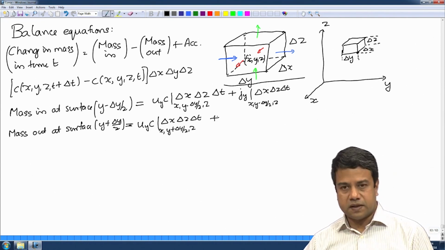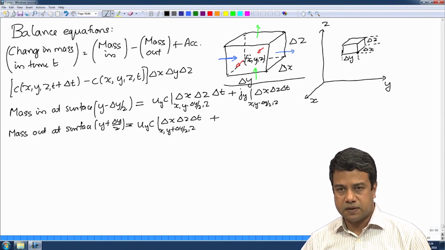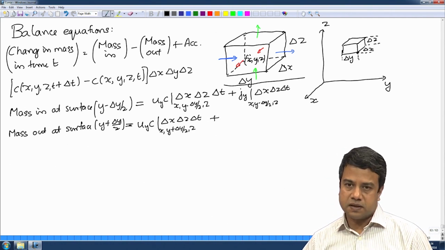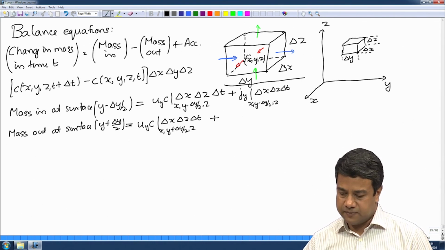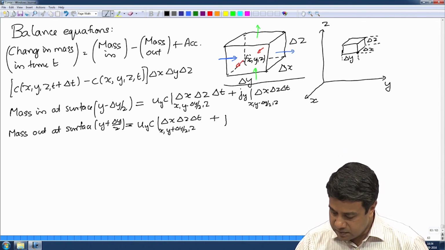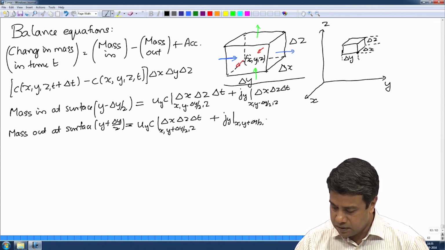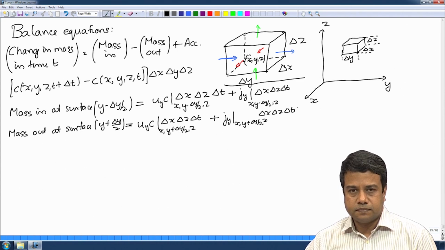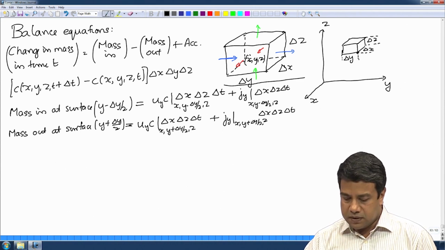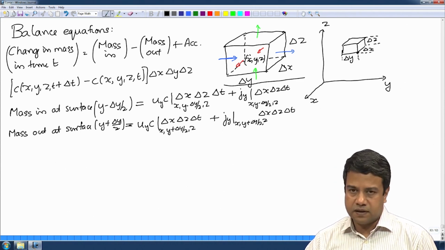That is due to convection. The velocity perpendicular to the surface times the concentration at that location is the convective mass, and the diffusive mass is just the mass flux at x, y plus delta y by 2, z, times delta x delta z delta t.